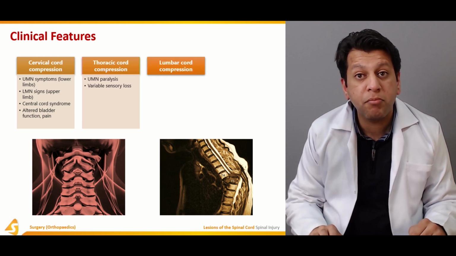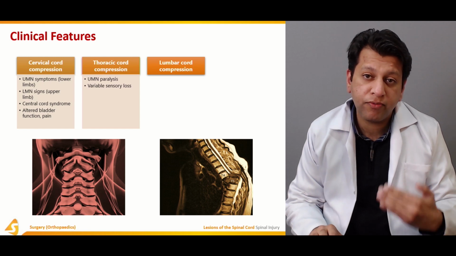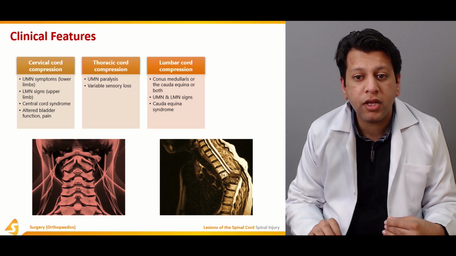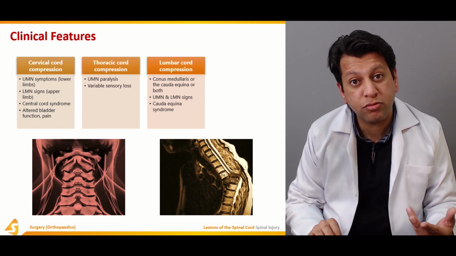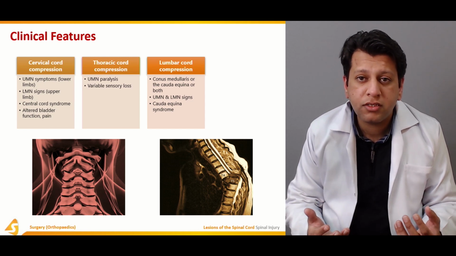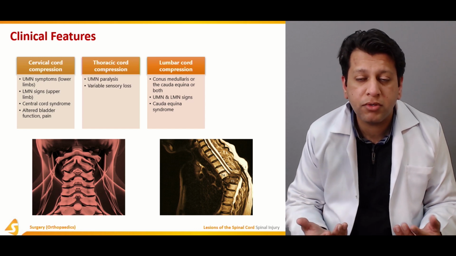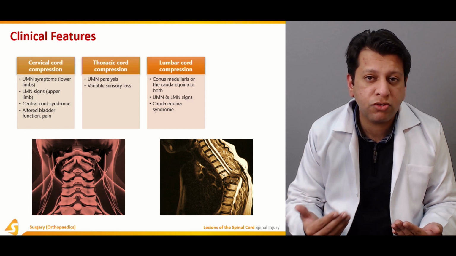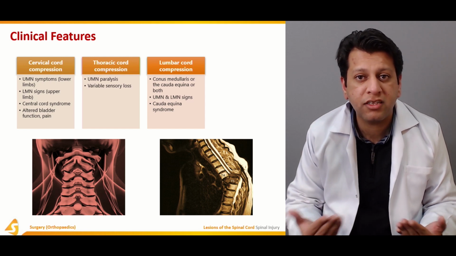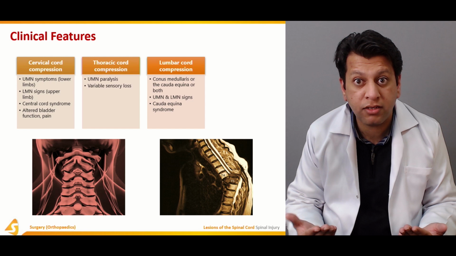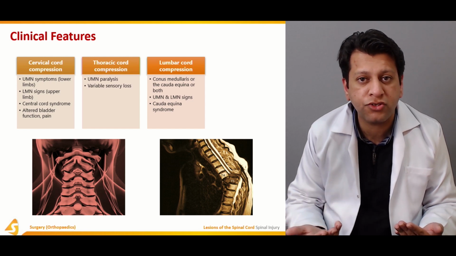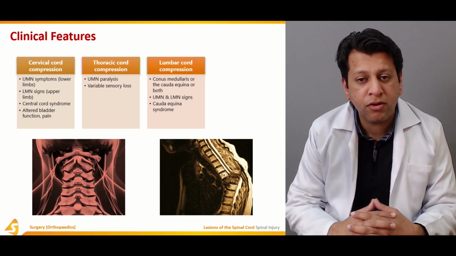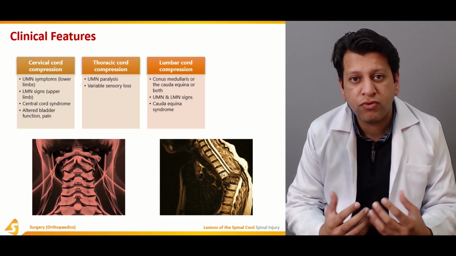Now, if the lumbar cord is compromised, depending upon where the injury is, it usually causes conus medullaris or cauda equina syndrome, or it can cause both. Cauda equina is one of the surgical emergencies in spine. It results in pain usually radiating to both legs, with saddle-area paresthesia around the anus and urogenital structures, along with severe sudden weakness of both limbs.